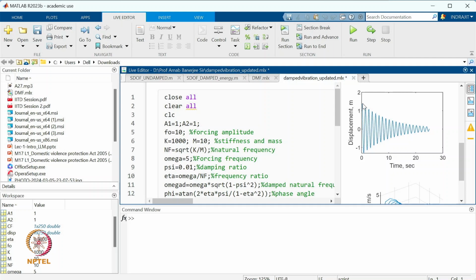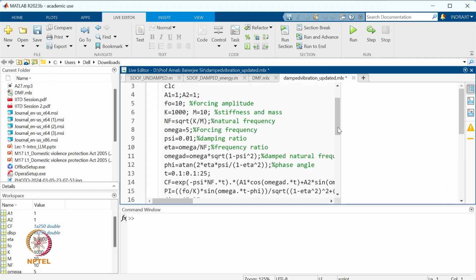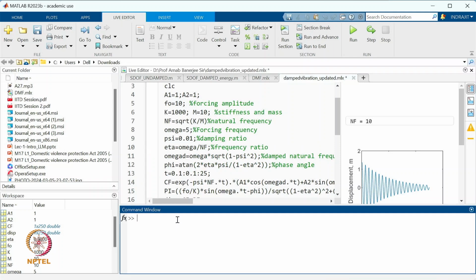That is the initial condition effect; A1, A2 is the effect of the initial condition. Then it has a forcing amplitude 10, K is this, M is 10, and the natural frequency is calculated. Let's cross check quickly how much the natural frequency is. So natural frequency is 10, and forcing frequency is 5.